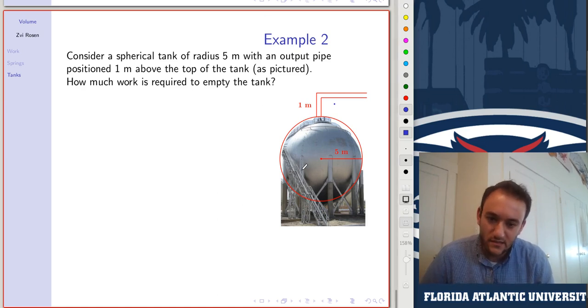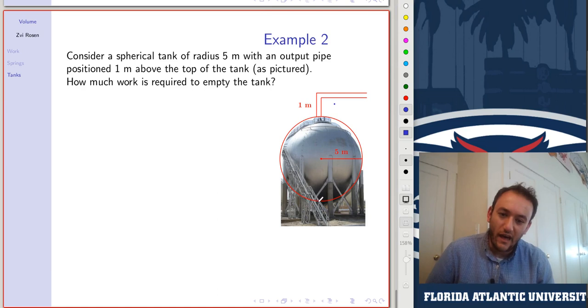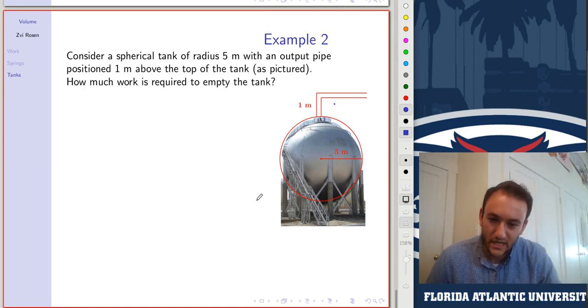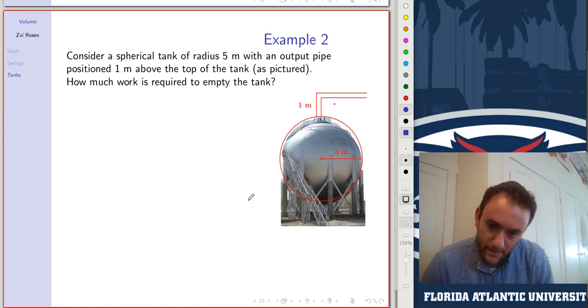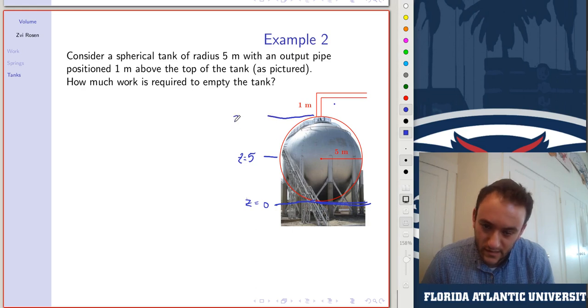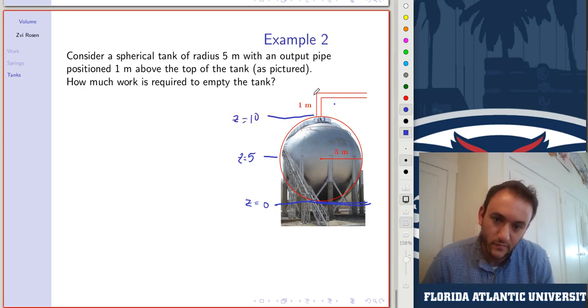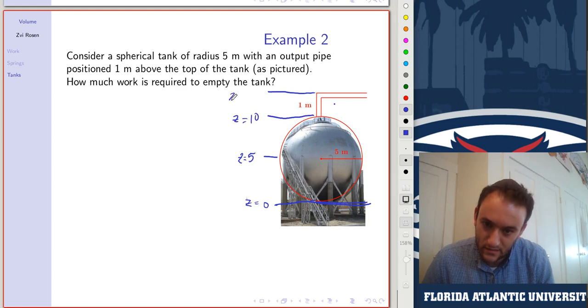So let's start by naming some of our variables. In this problem, I'm going to use z as our height coordinate because it's a little easier to describe the situation that way. We have z equals 0 at the bottom of the tank, and at the center we'll have z equals 5 because the radius is 5. Up at the top, the z value is 10, and that means this is z equals 11.